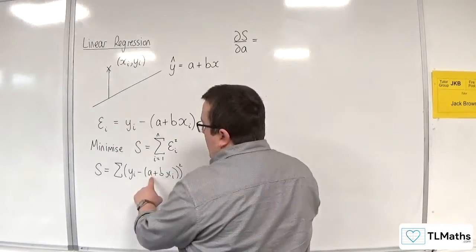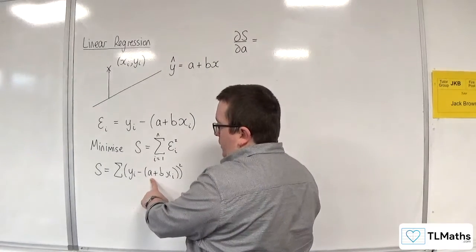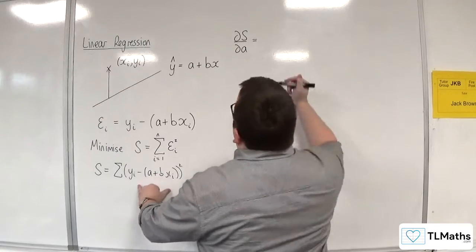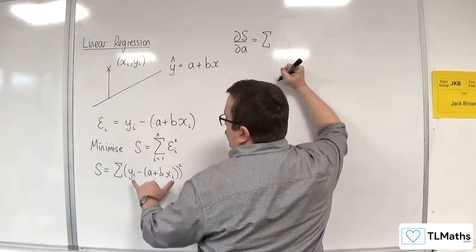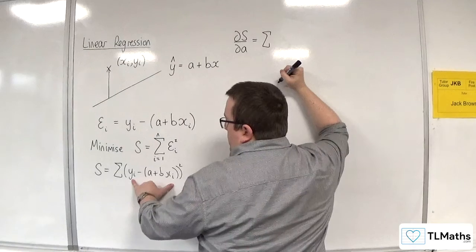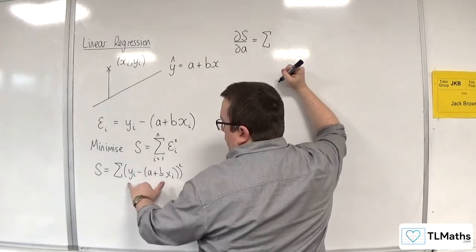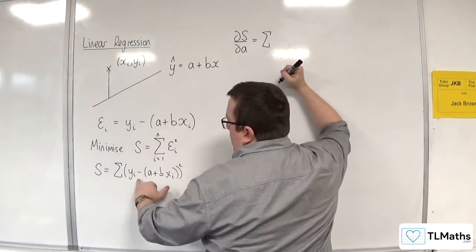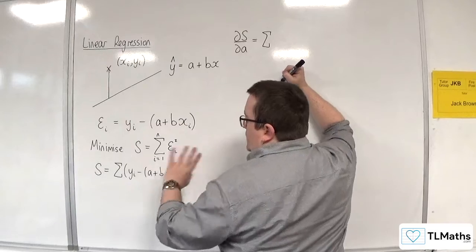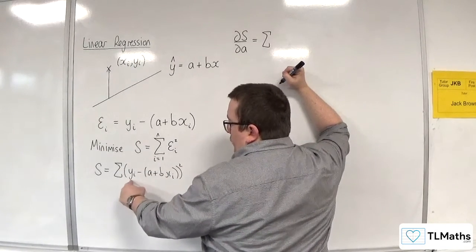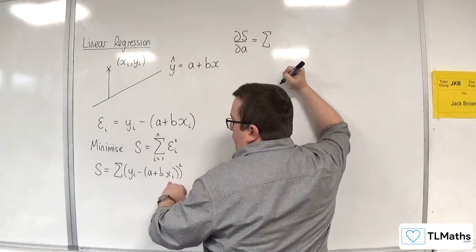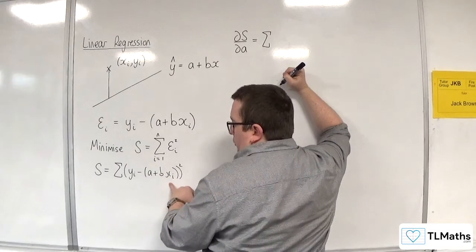Essentially, I'm treating A as the variable here, okay? So I'm going to have the sum. The derivative of the inside comes outside. So the derivative of the inside, remember, A is the variable, nothing else is. So we have this as a constant. The minus bxi is also a constant.